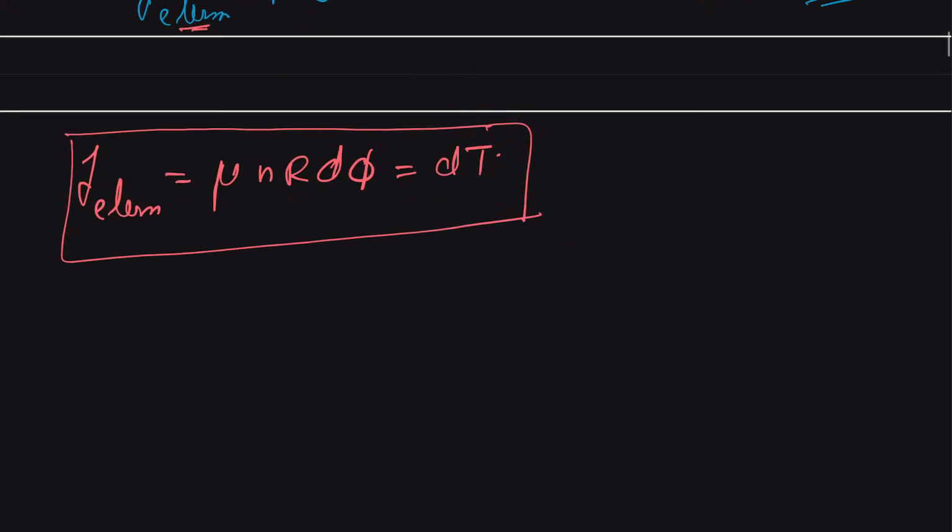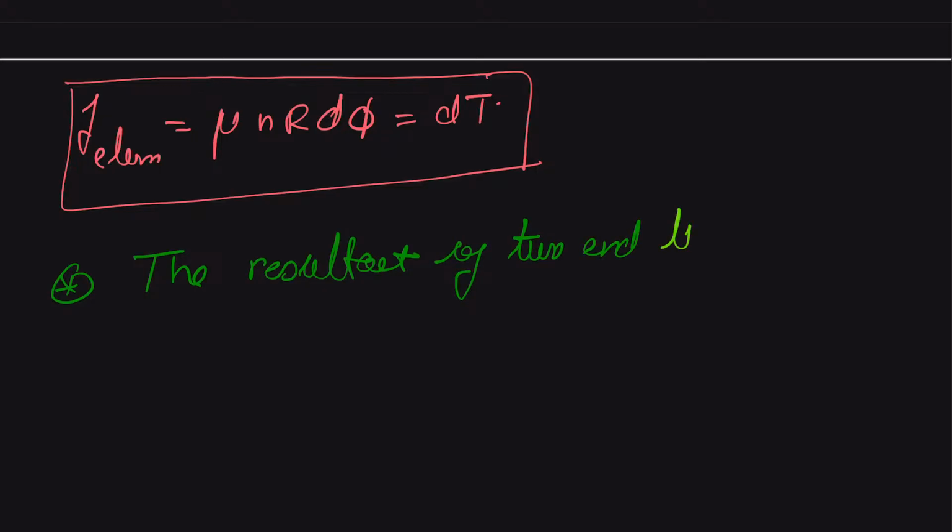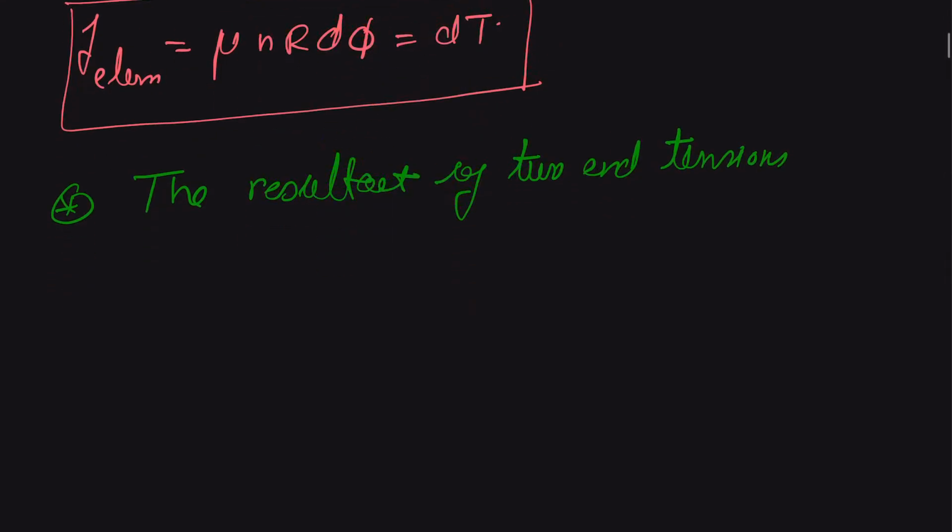Now we come to the resultant part of the tension. We can write one statement, and this statement is very important for this particular concept. We can say that the resultant of two end tensions produces the normal on the element.